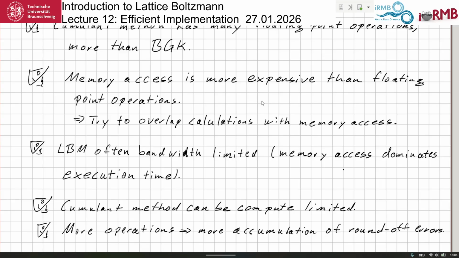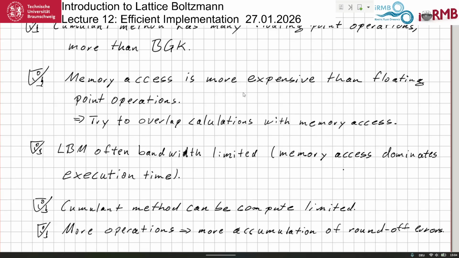Efficiency-wise, we have the problem that we have to read and write data, and we have to do operations on data. In this respect, the cumulant method is actually good, because it does not require more data than the BGK. I mean, it requires 27 velocities and not 19, for example, but it's like BGK otherwise.